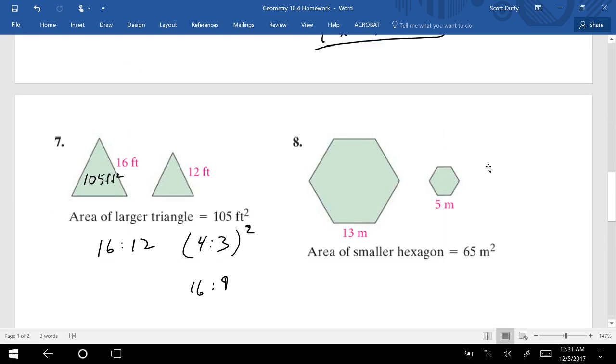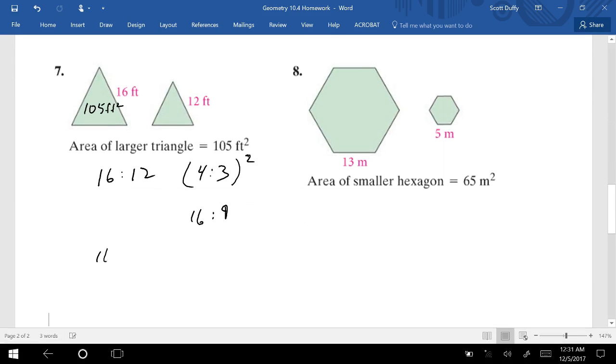Okay, and now set this up as a fraction. 16 over 9 is going to be equal to the areas. Now I know the larger area, that's 105, but I don't know the smaller one, so I'll call that x. 16 times x is 16x. 9 times 105 is 945.